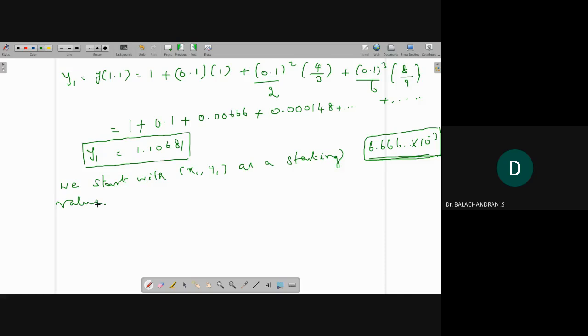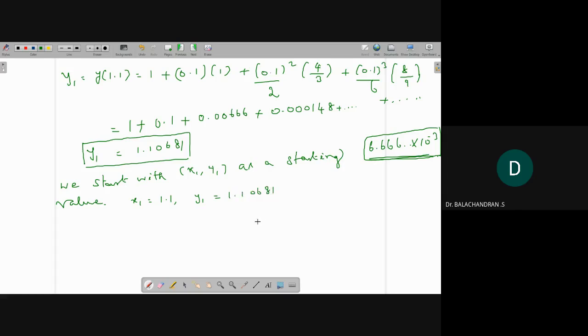As a starting value, x1 is equal to 1.1 and y1 is equal to 1.10681.